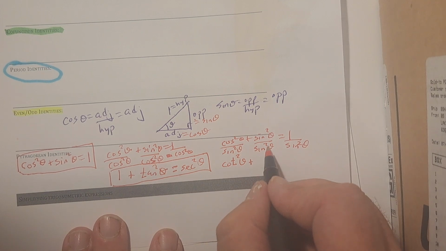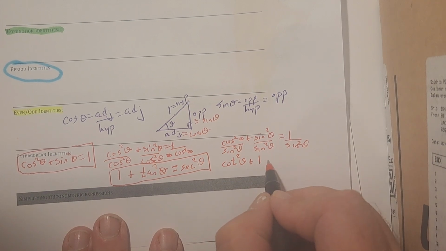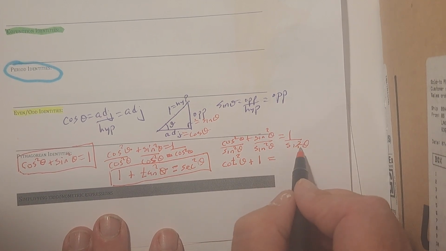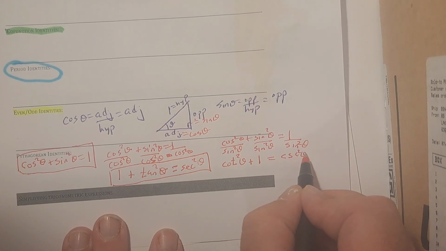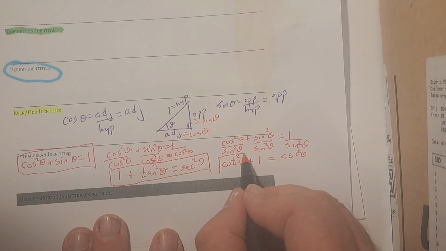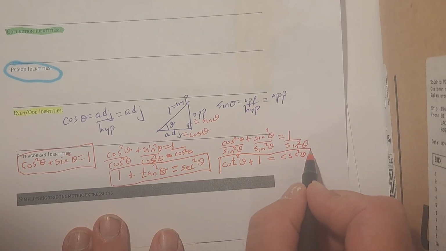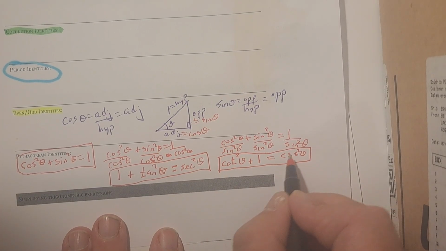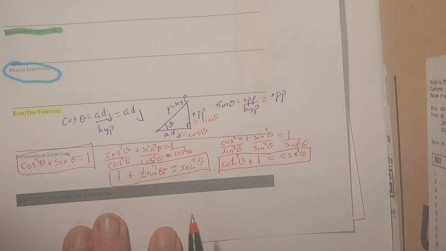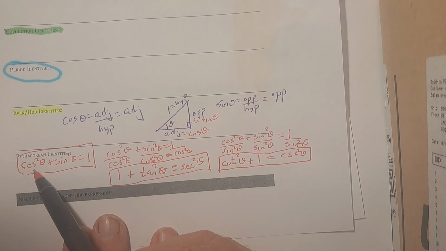Sine squared divided by sine squared is 1. And 1 divided by sine squared is cosecant squared. So there's 3 Pythagorean identities, but they really all just come from the fact that cosine squared plus sine squared is 1.